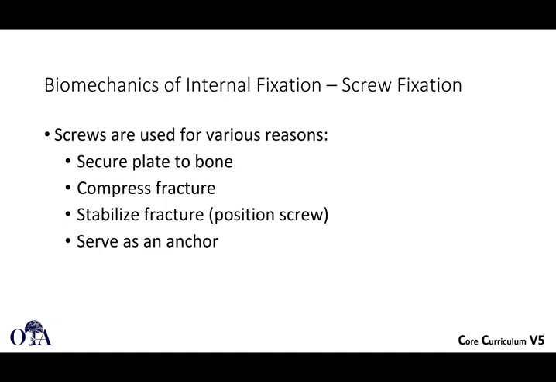What about screw fixation? Well, screws are used for various reasons. They can secure a plate to bone, they can compress a fracture, they can just stabilize without compression like a position screw. They can serve as an anchor for cables, wires, screw fixation, etc.